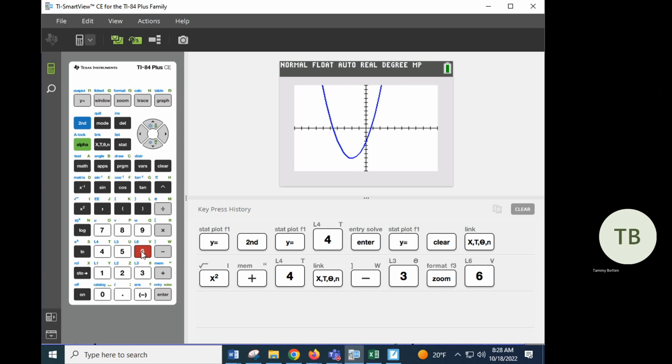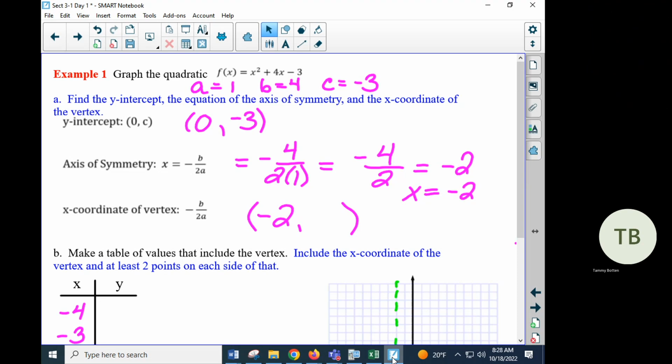So we get a good idea of what our graph is gonna look like, okay? But what we're also going to use this for is a table. You don't have to actually put the numbers in and figure it out. For using our graphing calculators anyway, we may as well just go ahead and do this.